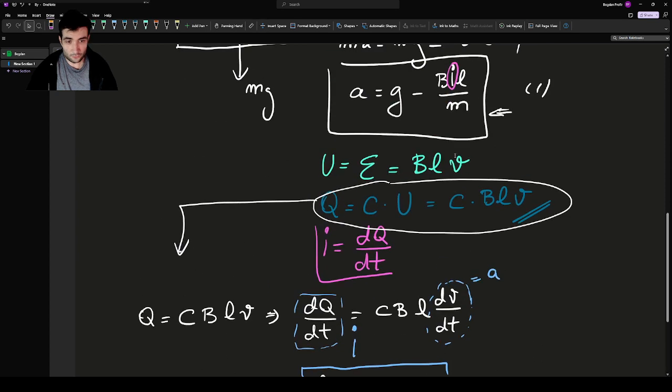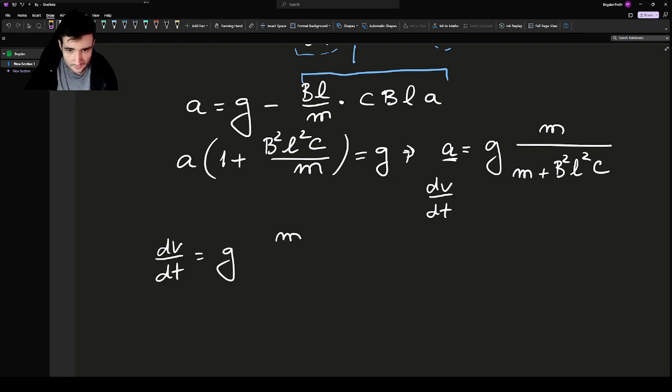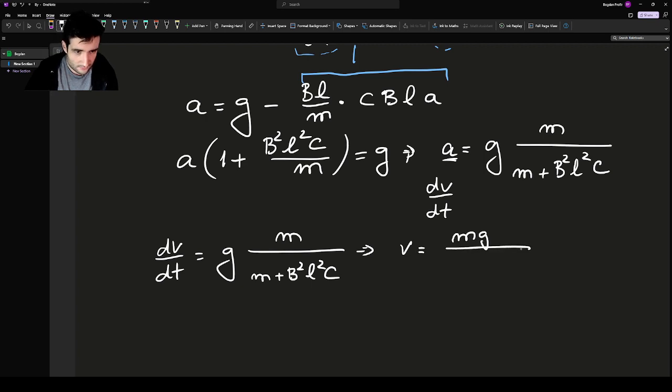And the final thing to keep in mind is that we've got our charge that's equal to CBL times V. Now, we can actually get V quite easily because the acceleration is dV by dt. So dV by dt is g times m over m plus b squared L squared C. And then the velocity is therefore mg over m plus b squared L squared C times t.